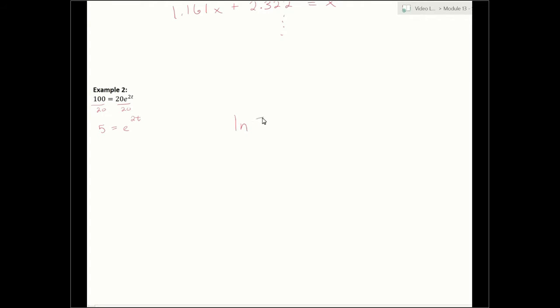Now if we take the natural log of both sides, we see we get a much nicer equation.